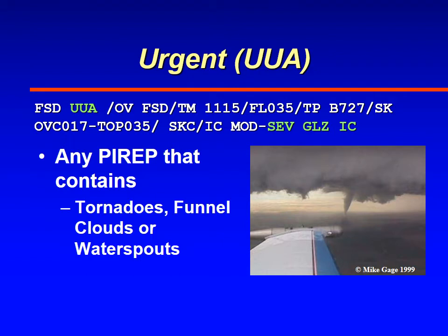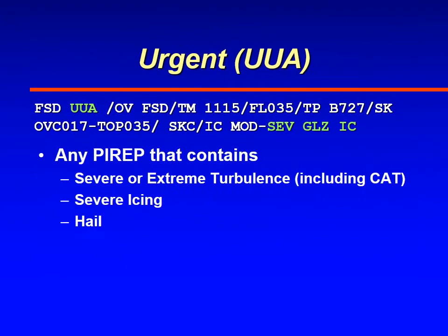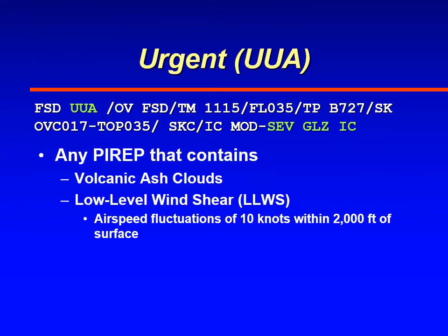Urgent pilot report is any pilot report that has the words or the phenomena tornadoes, funnel clouds, or waterspouts. Also, any pilot report that has severe or extreme turbulence, severe icing, hail, volcanic ash, low-level wind shear.